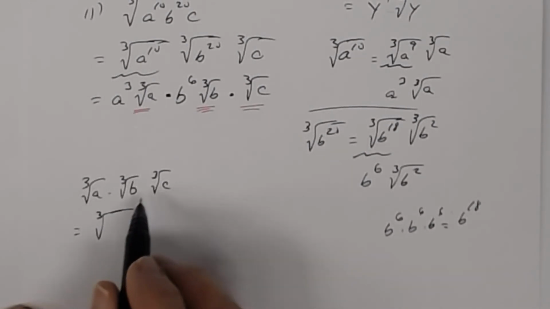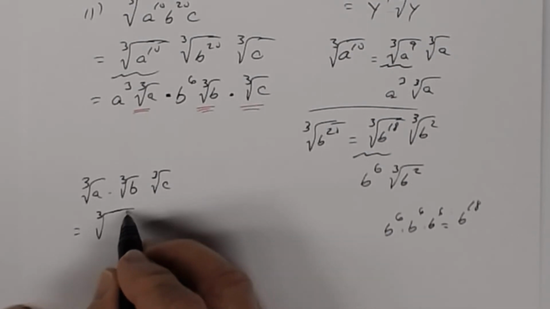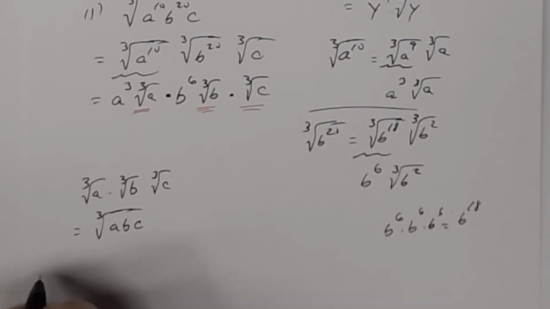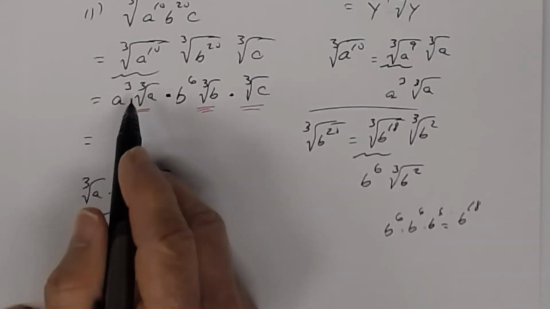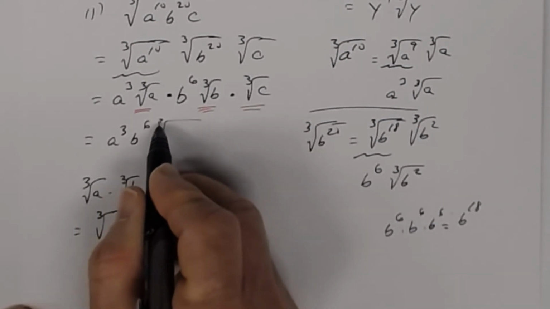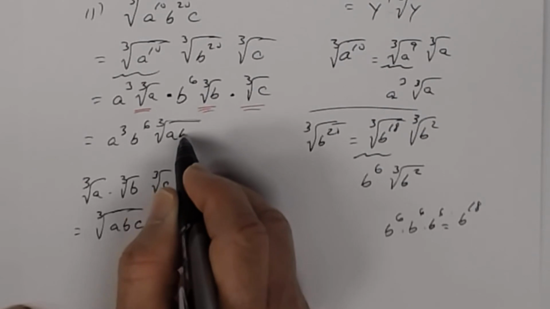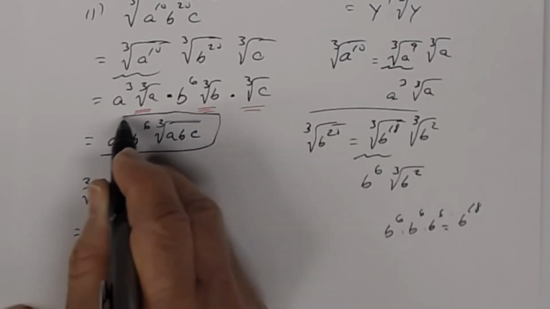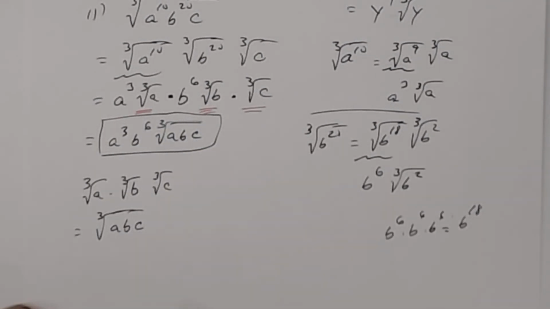And all you do is multiply the radicands together. So it'll be a, b, c. So the answer will be a cubed b to the 6 times the cube root of a, b, c. Okay? That's how you write it.